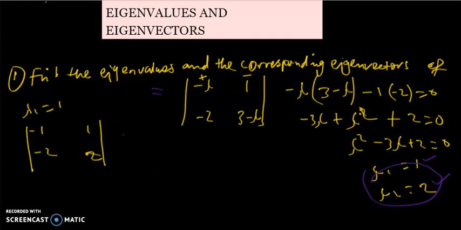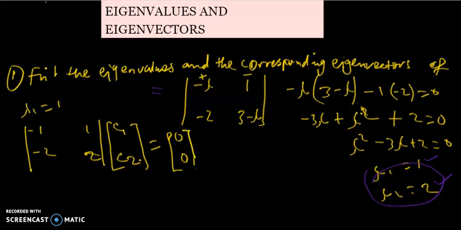Now let's introduce some arbitrary C1 and C2, and this must be equal to 0, 0.